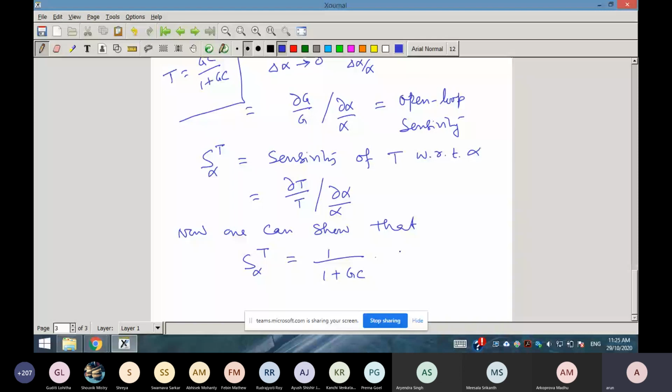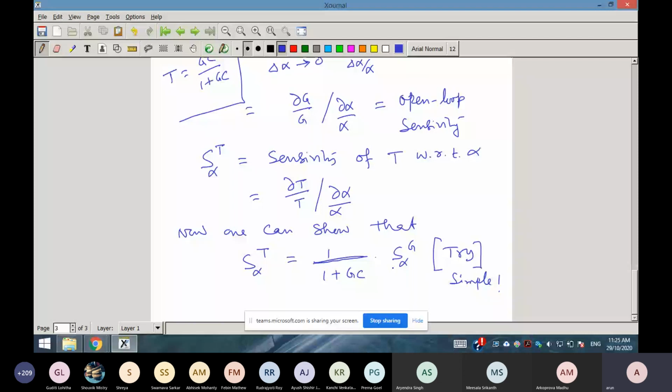Try it, it is very simple. So the relation that I wanted to say is: the closed loop sensitivity equals 1 by 1 plus GC into open loop sensitivity.